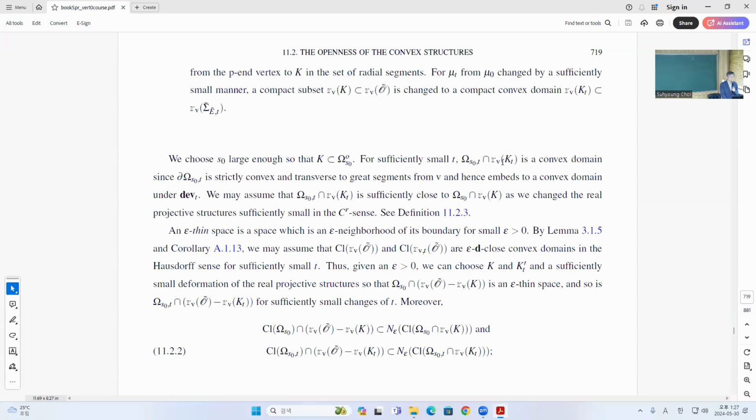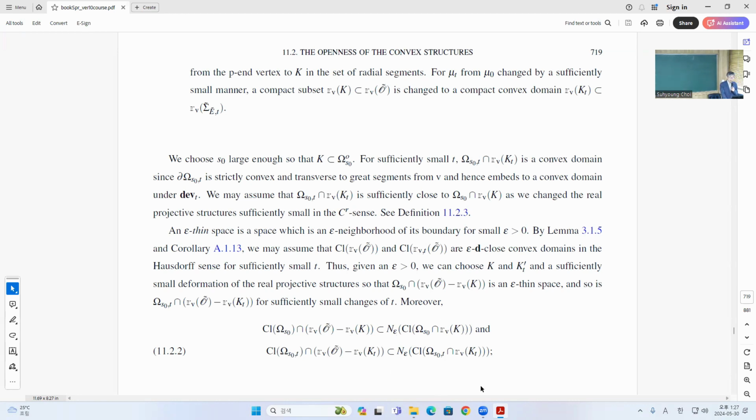You look at only the things that are changed from KT, and then you look at the union of these maximal segments in this direction, and you take the intersection here. Since this is very close, you can approximate those very closely. The only thing that's not approximated is these ones outside this RBT.